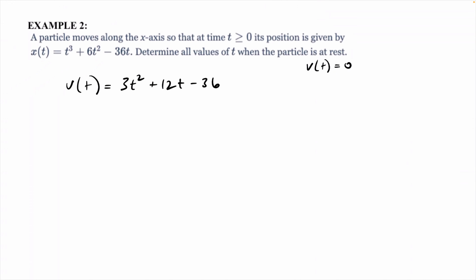So when that is equal to 0, it's a quadratic, so we're going to get 2 answers. So you can divide all by 3, minus 12.